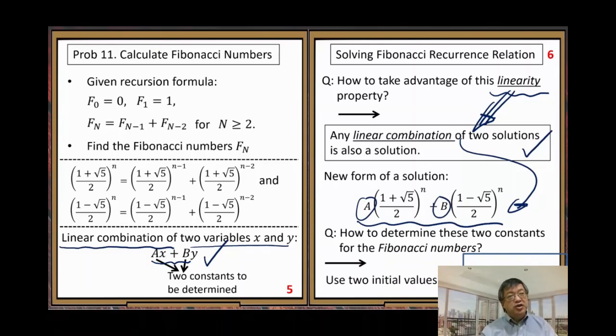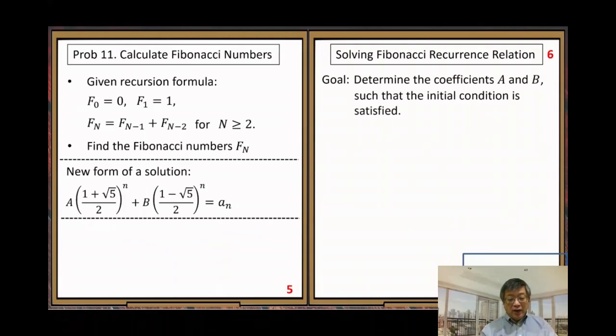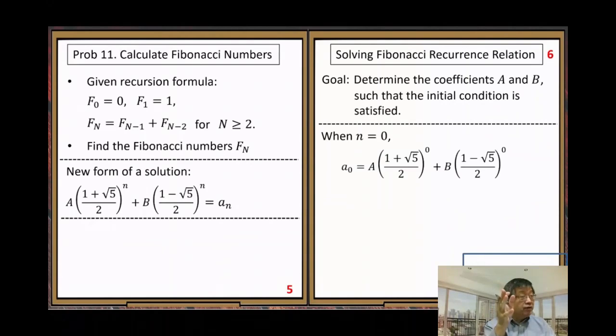We just use the two initial values. So that part should be pretty straightforward. So the remaining part, we determine capital A, capital B, pretty straightforward. All right, so let's do it here. For the initial condition, when n equals 0, we should have the first initial condition, little a 0 equals 0.